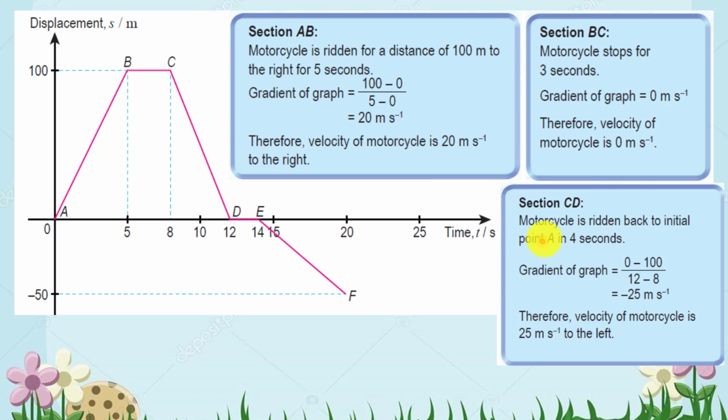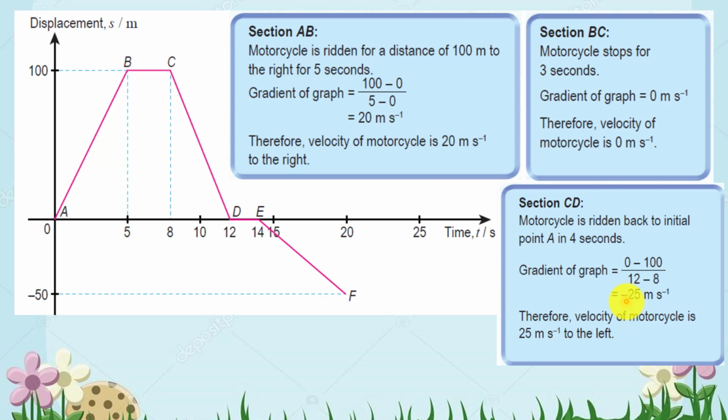Section CD, the motorcycle is ridden back to the initial point A. That means it reverses back to the original point. It takes 4 seconds. If I find the gradient, it is surely negative. What is the meaning of this negative? Negative means turning back, reversing back.